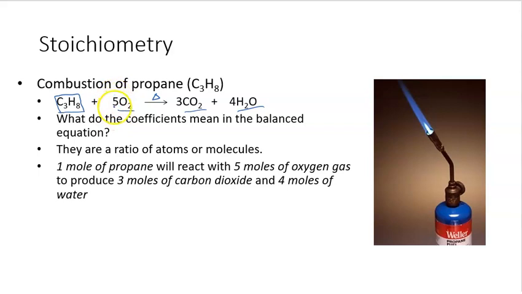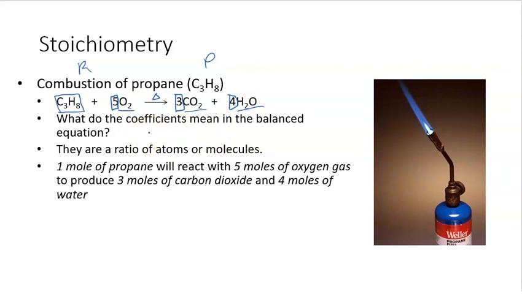Now, we have learned that we need to add in coefficients, like this 5, this 3, and 4, to make sure that the total number of atoms of everything on the reactant side is equal to the total number of everything on the product side. Okay? So when we add those coefficients in, we get the same amount of things on both sides.